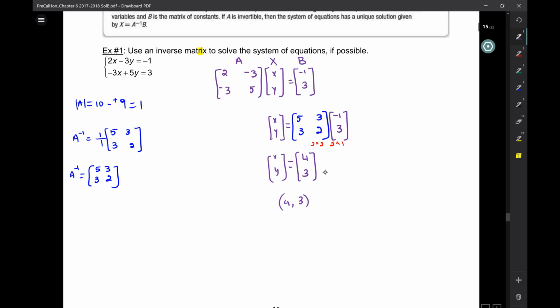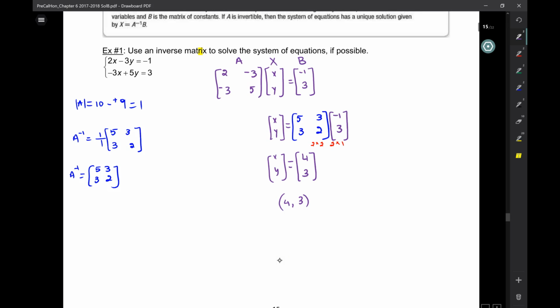Now, back when you were in like the 8th grade, and you learned how to solve these using elimination and substitution, what did you do? You would multiply that by 3, you would multiply that by 2, you would add them, and you would get x equals 4, y equals 3. Same situation. Can we do that with 3 variables?